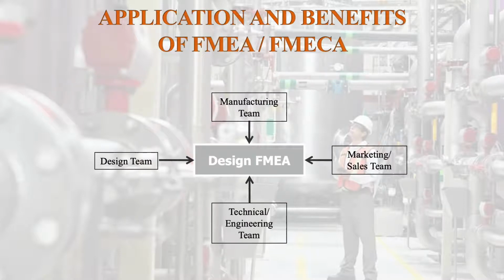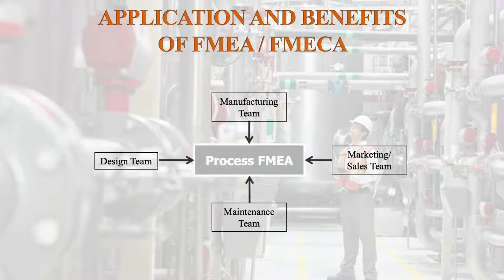So these are the two: design FMEA and process FMEA. In the design FMEA, there are 4 teams to be involved. One is the manufacturing team, then marketing and sales team, then technical and engineering team, and design team.